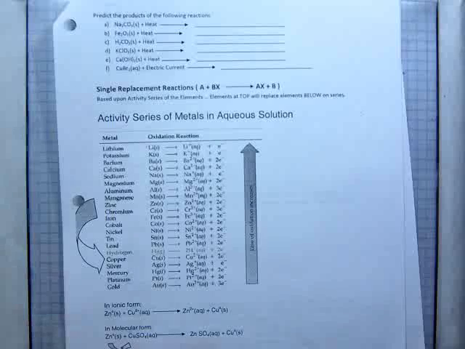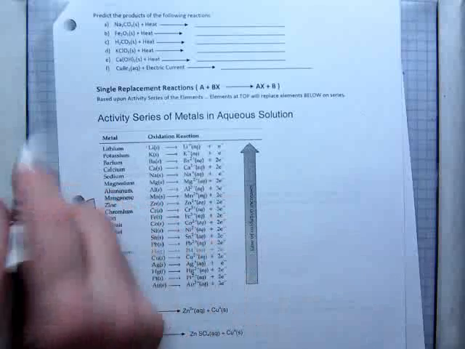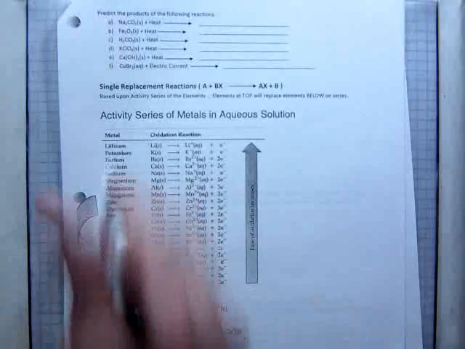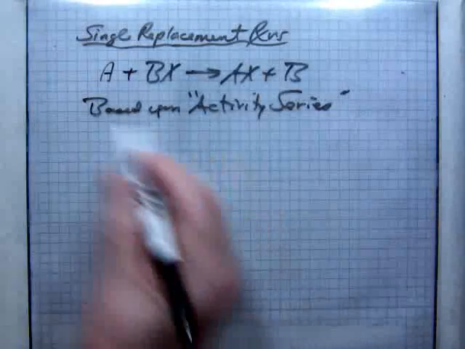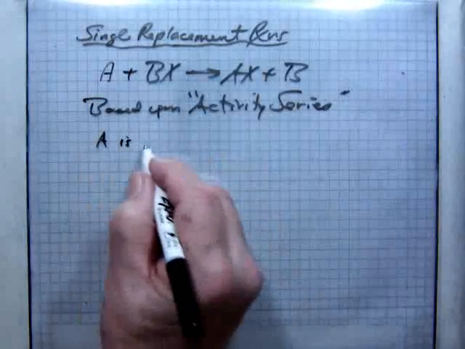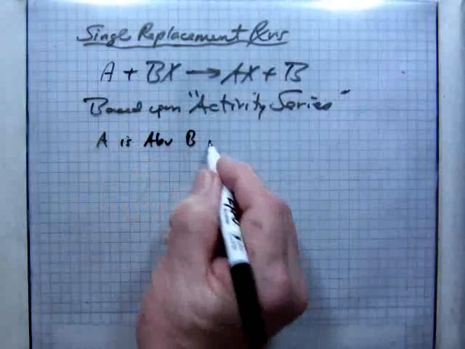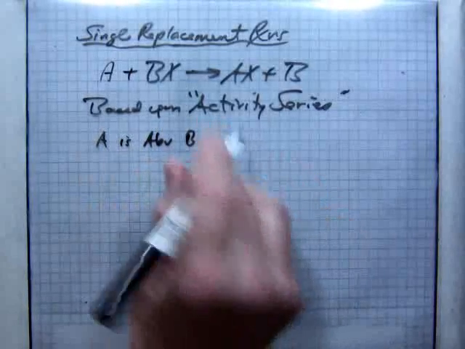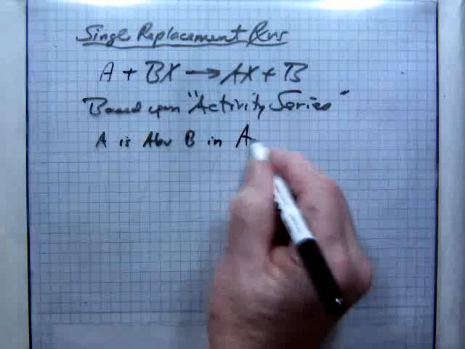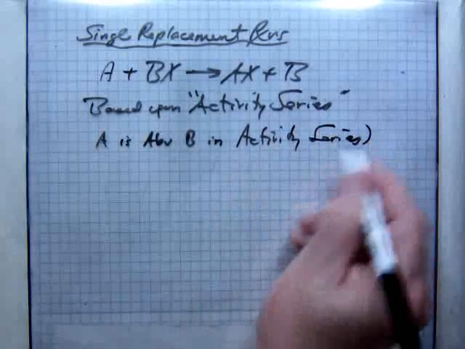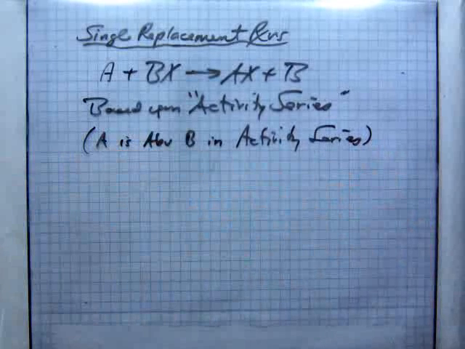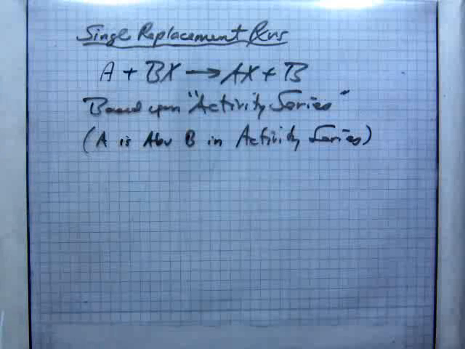So if A is above B in the activity series, and when you write the reaction, B is shown above, trying to replace A, you say no reaction occurs.